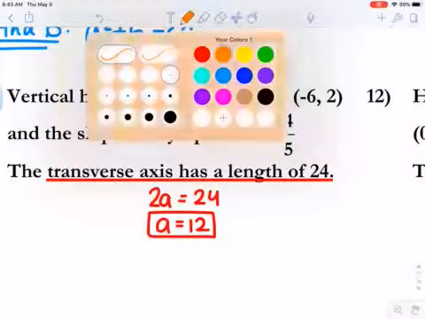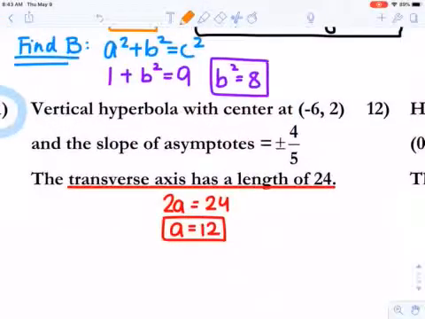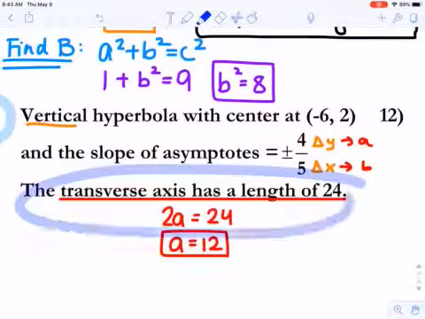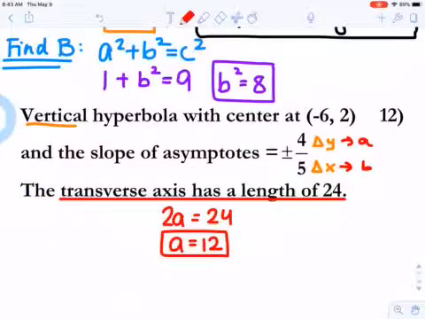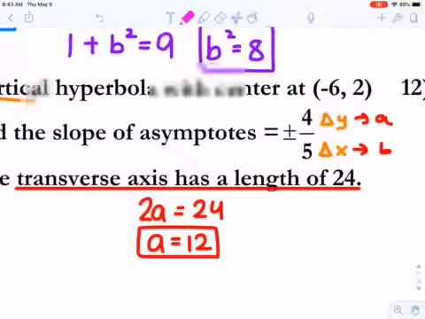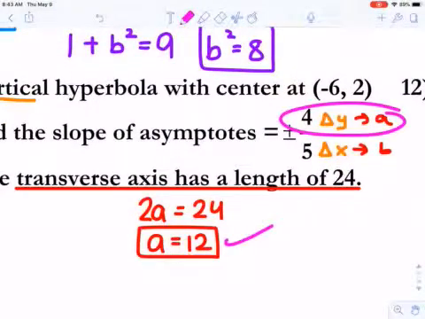All right, these asymptotes, I talked about this. This is vertical. All slopes are change in y over change in x. And since this is vertical, the change in y correlates to the a value, and the change in x is the b value. Now, if I did not have this extra piece of information, then I would just stop there and I would say, oh, a is 4 and b is 5. But this extra piece of information totally throws a wrench because a is not 4, a is 12.